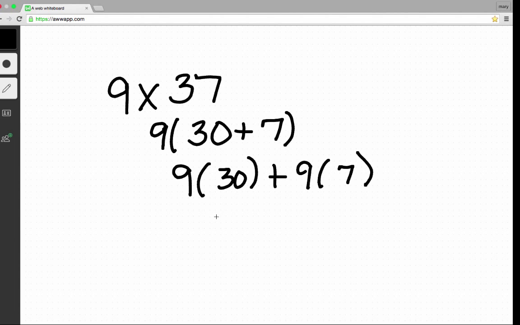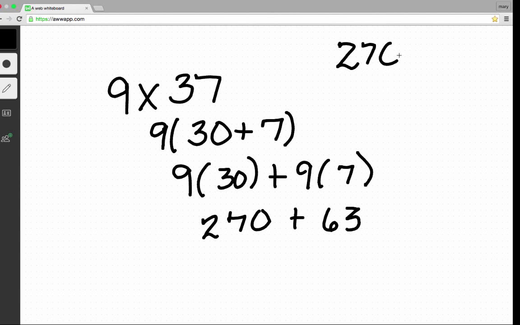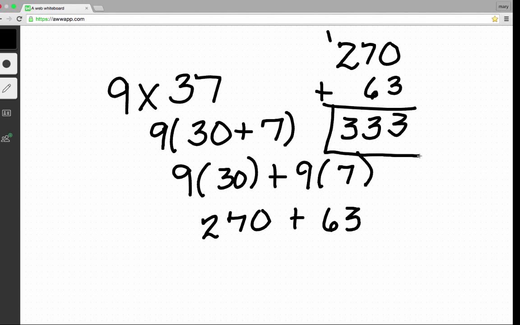So 9 times 30, again, I could do that in my head, plus 63. So I'm going to come up here, 270 plus 63, 3, 7 and 6 is 13. Carry my 1. 333 is what I have for that one. So go ahead and check that one.